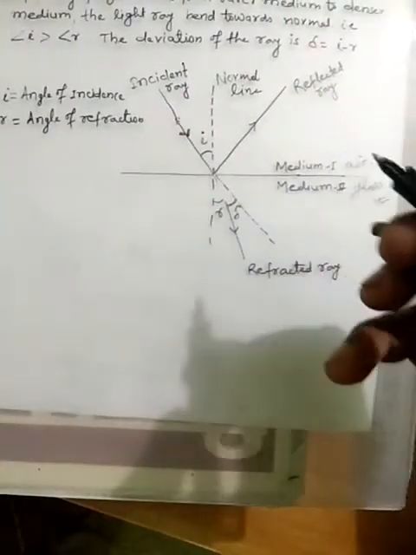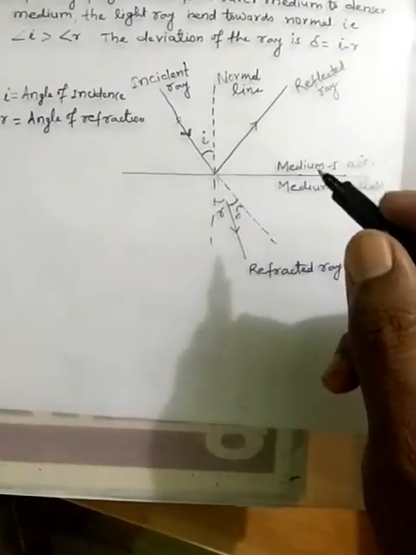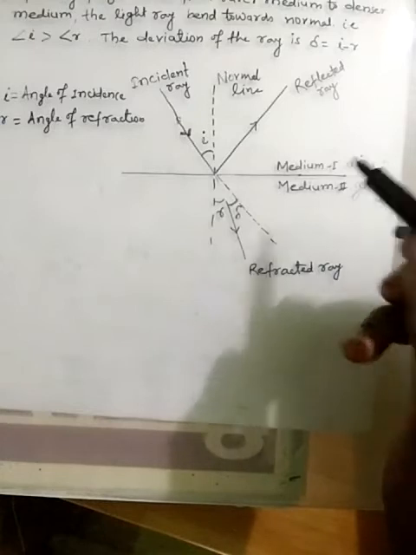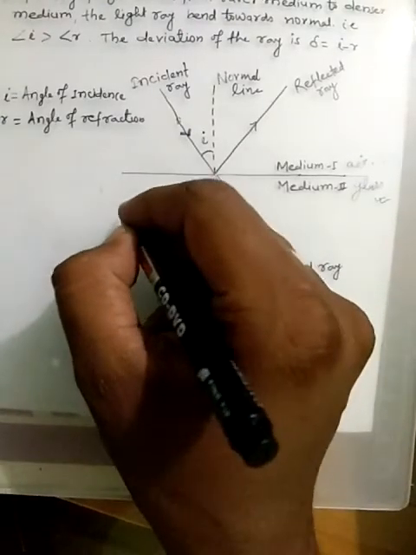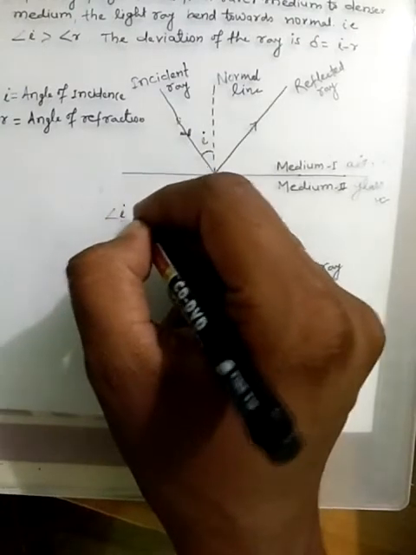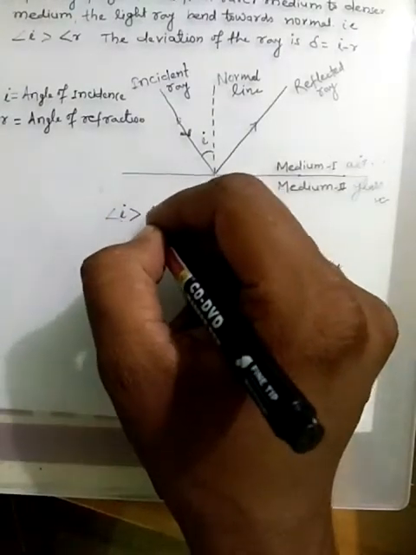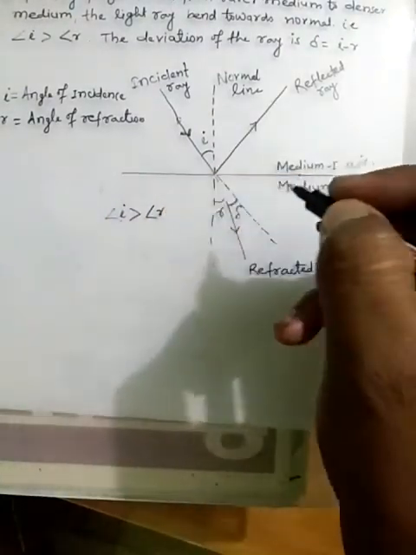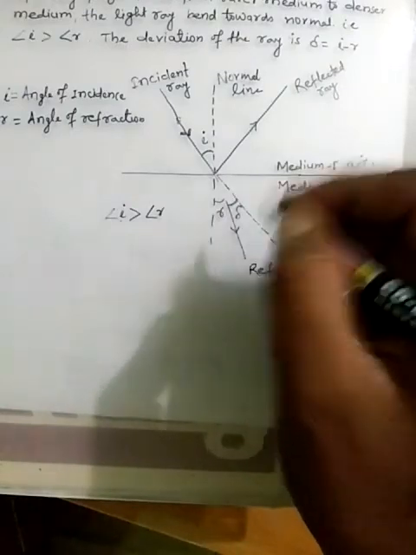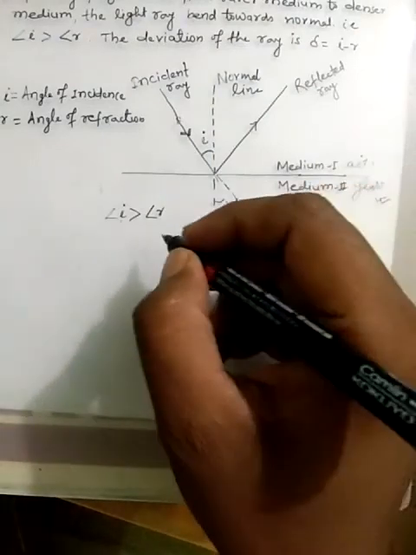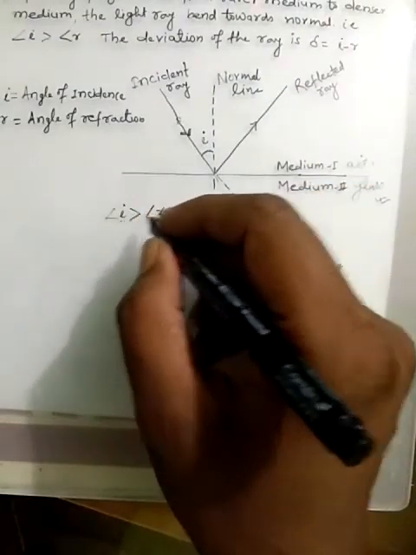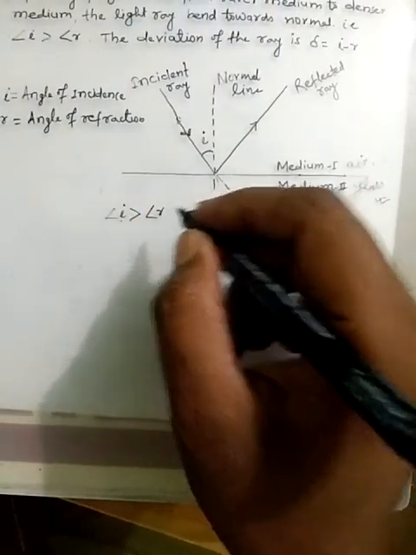In this case, if light rays pass from rarer medium to denser medium, angle i will be greater than angle r, because the light ray bends towards the normal.